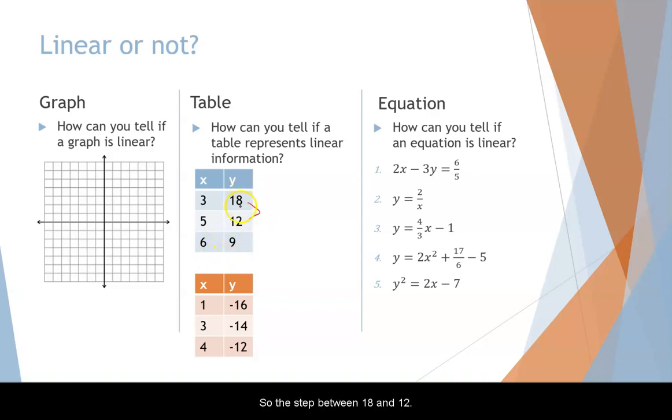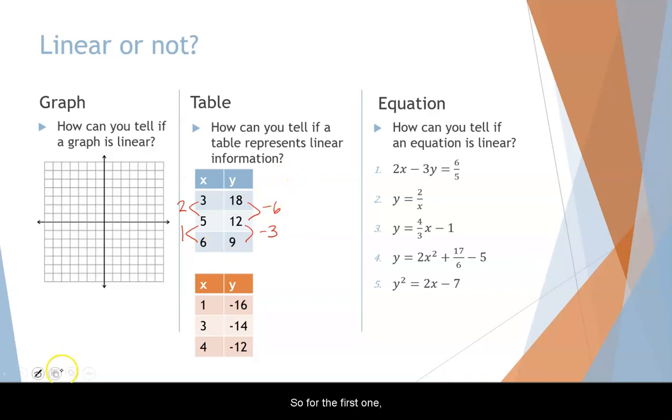So the step between 18 and 12 is a change of -6. Between 12 and 9 is a change of -3. In the x values, the change between 3 and 5 is +2, and between 5 and 6 is +1. These numbers are not all the same, but what we're interested in is the ratio.